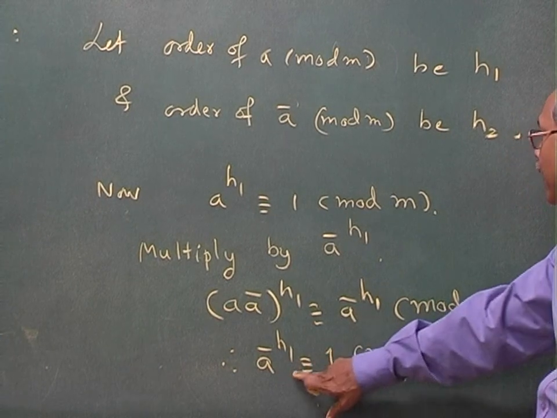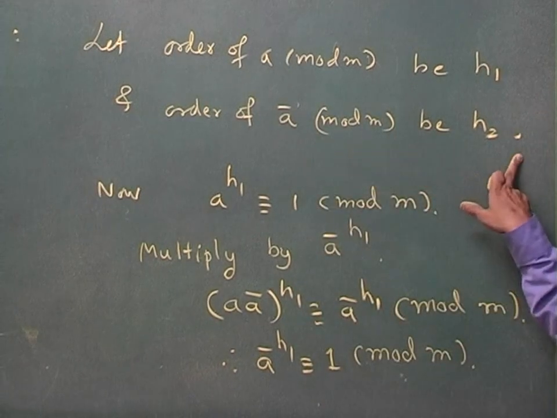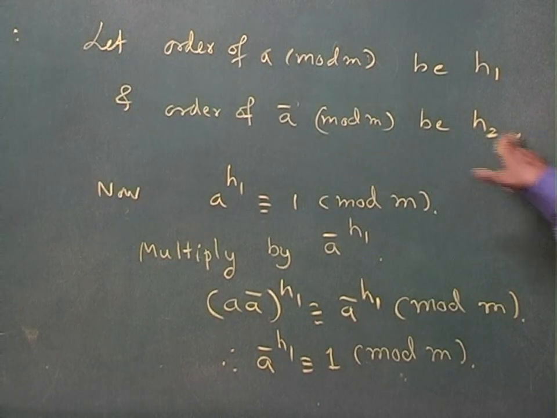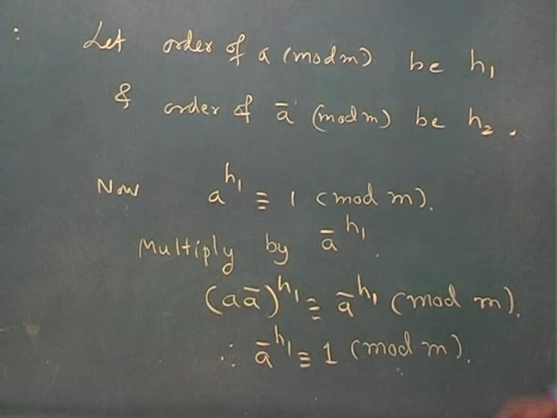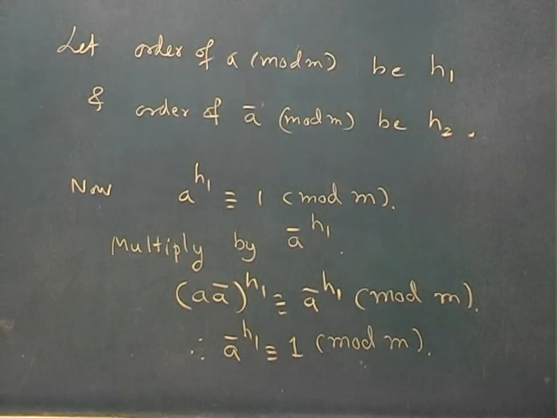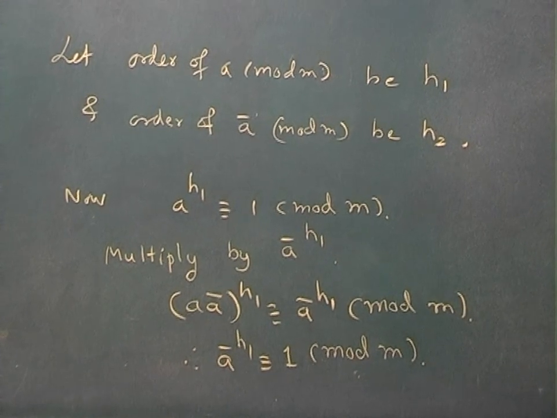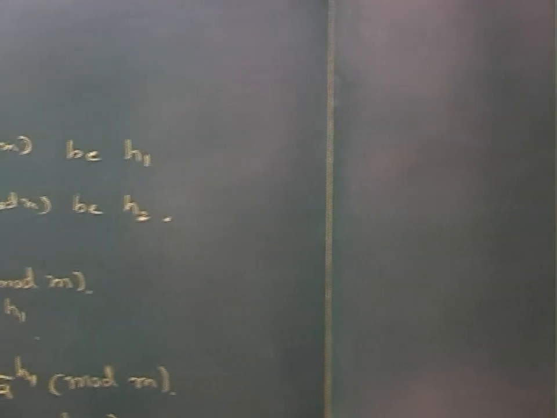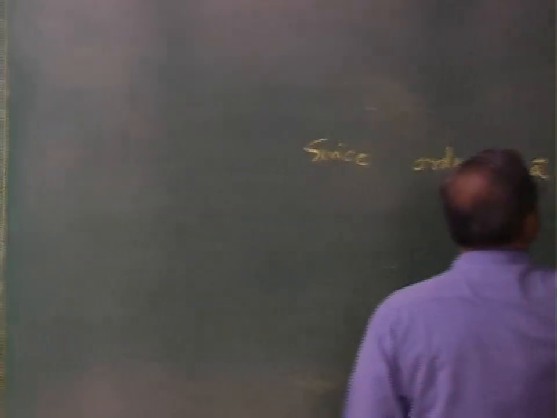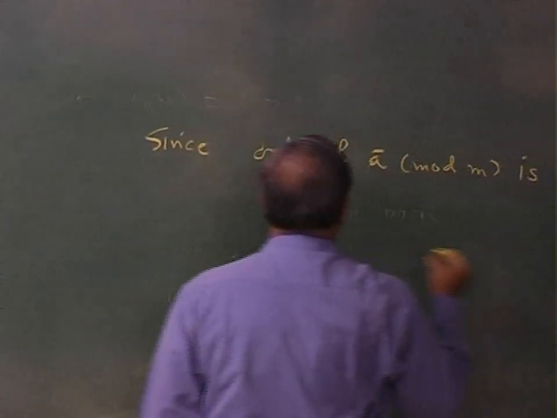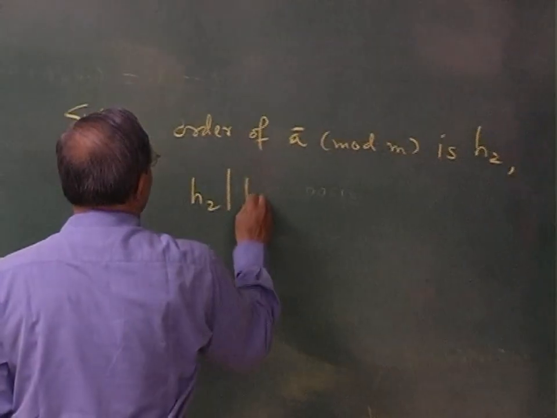The order of a bar is assumed to be h2. Therefore, this order has to divide this number h1. Since the order of a bar mod m is h2, h2 divides h1.